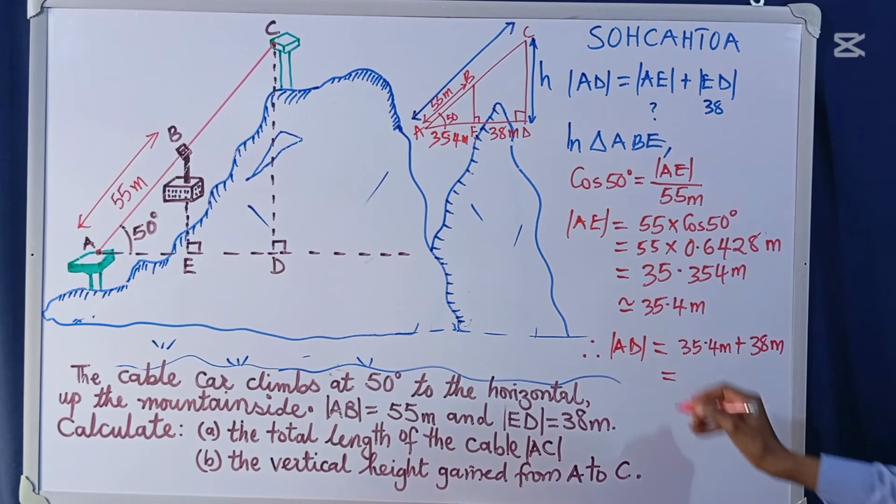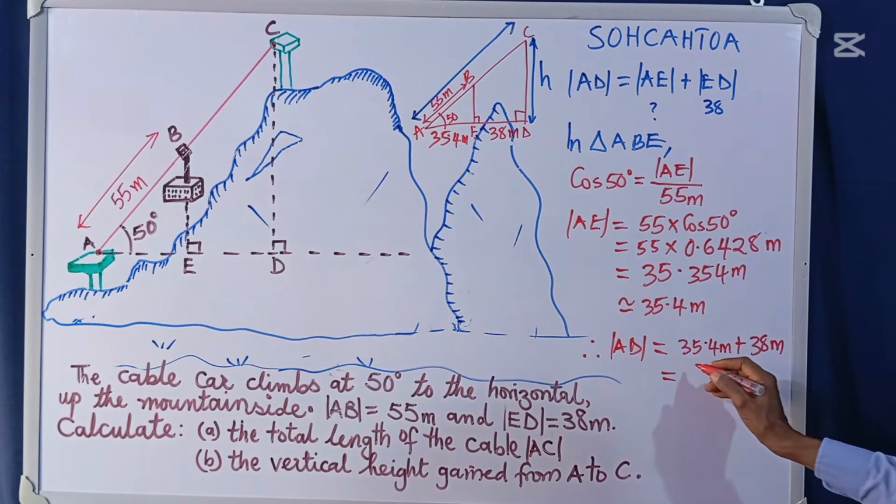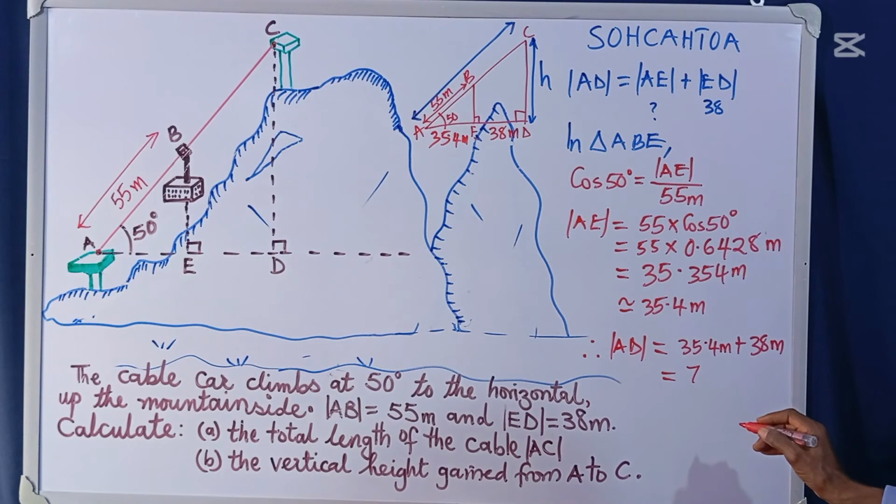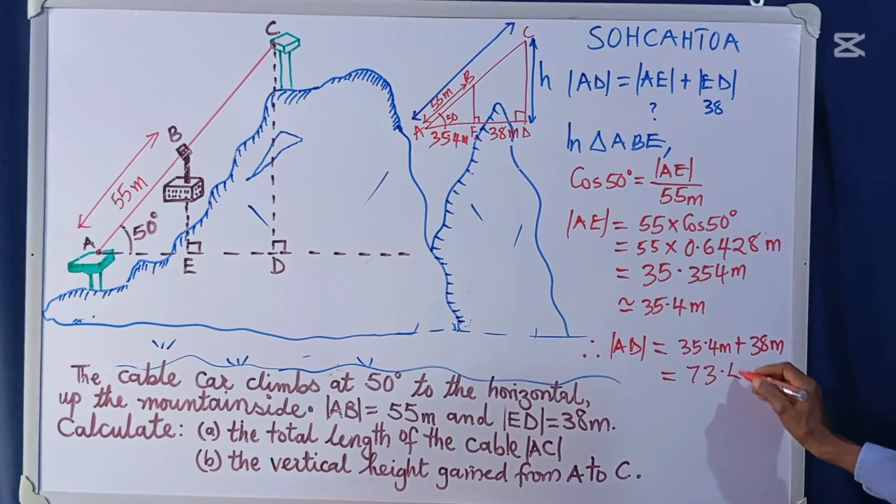So the full length of AD is equal to 73.4 meter.